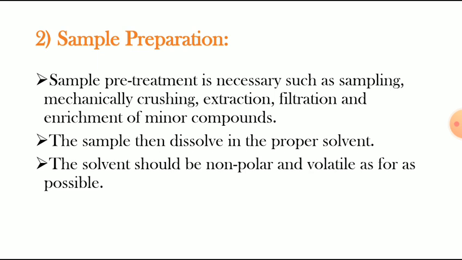See, because our stationary phase may be polar, so our solvent should be non-polar and must be volatile, right? So these are the criteria to follow while preparing the sample for HPTLC.